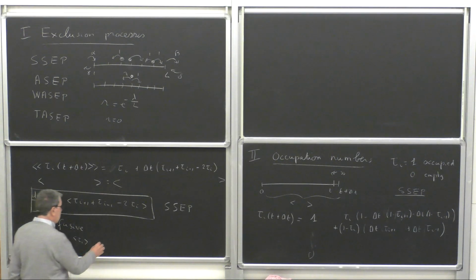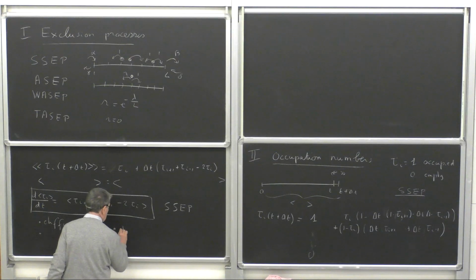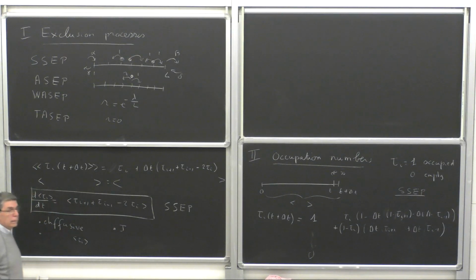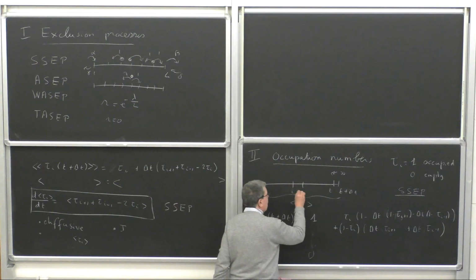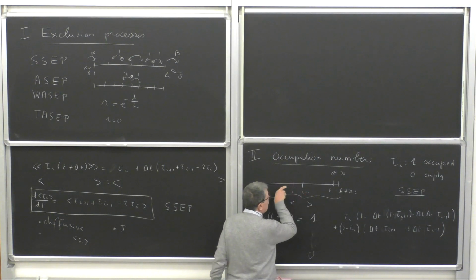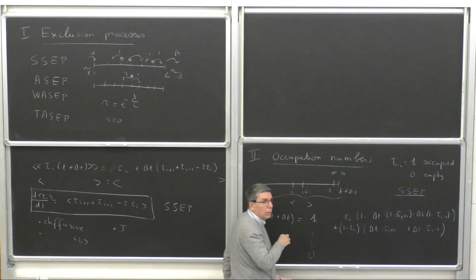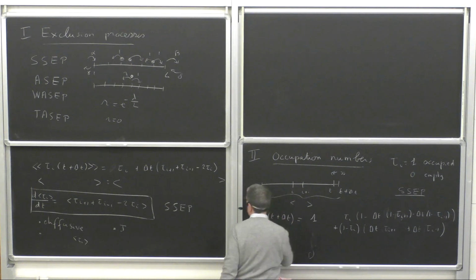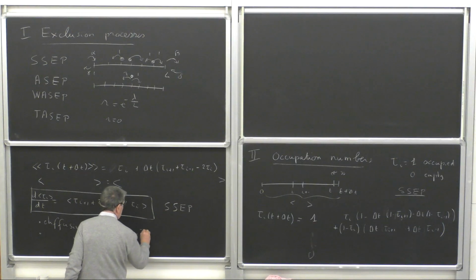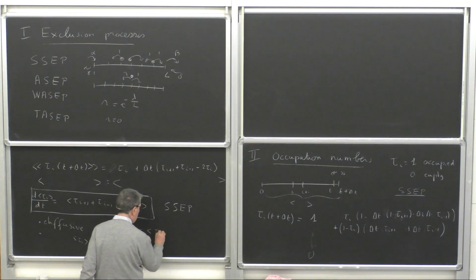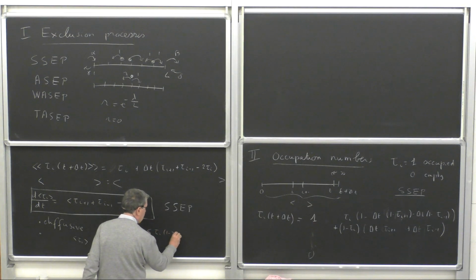Now, if you are interested in the current in the system, then what is the current? So I take two sites i and i plus 1, and it is how much flow I have through this side. So the average current between i and i plus 1 is tau i times 1 minus tau i plus 1.